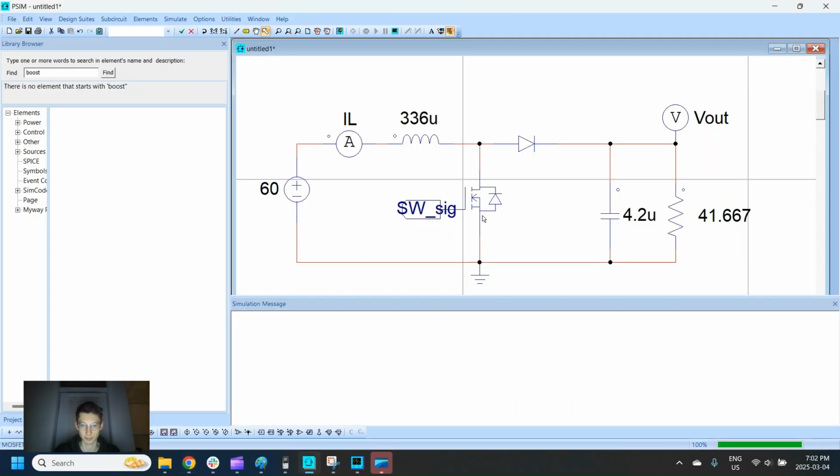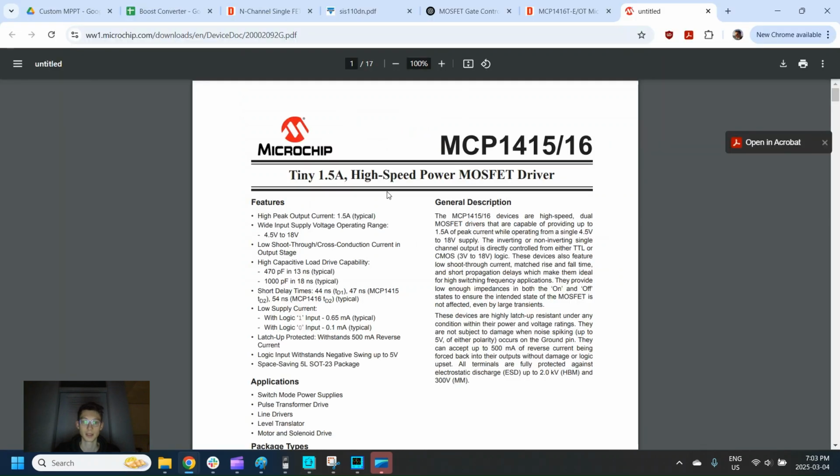I don't have a signal, but this is your source, this is your drain, this is your gate. So if your source is connected to the low side, your ground, then you need a low side driver. And if the source is connected to the high side, you need a high side driver. So in our case, it's a low side driver. And we need it to do a few things. We need it to output a certain amount of speed.